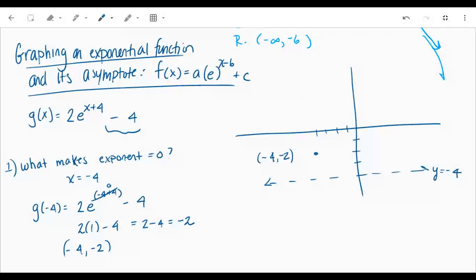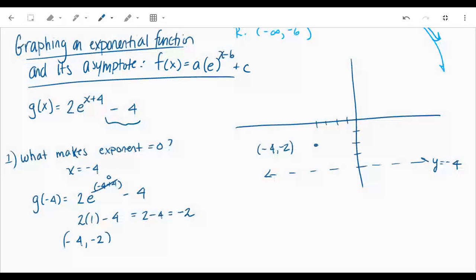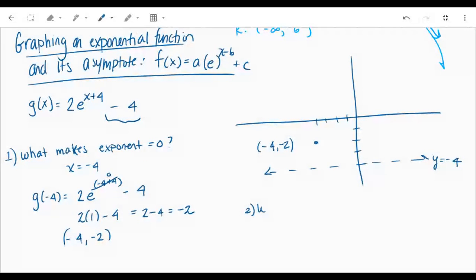Okay, now the next point that you want is when the exponent is 1. So the second piece here is what makes the exponent 1. Okay, so when would x plus 4 equal 1?